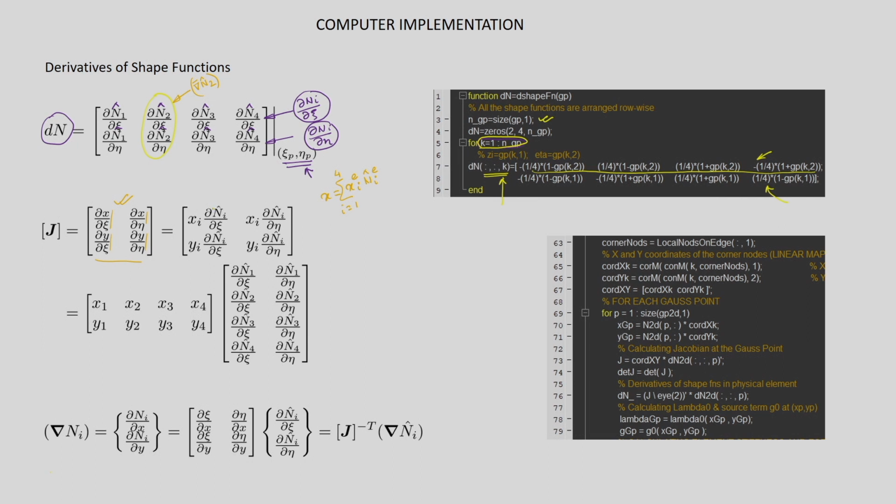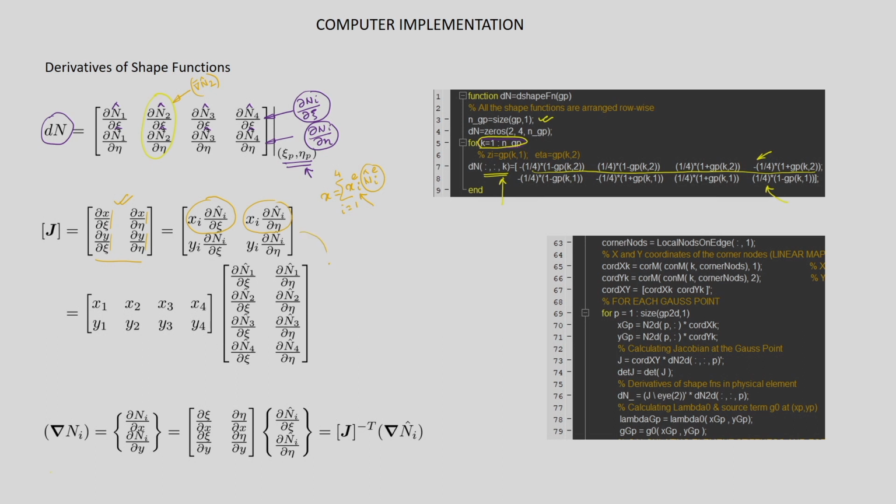Here we have removed the summation sign, as the repeated index I represents the sum. So, del x del xi: the xi's are basically the coordinates, so these are constants, and we have to take the derivatives of ni hat. So, del x del xi is written as xi del ni del xi. Similarly, del x del eta is xi del ni del eta.